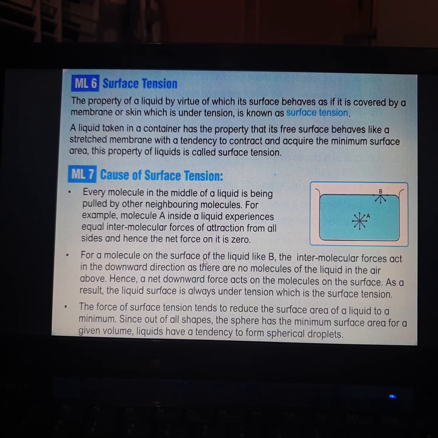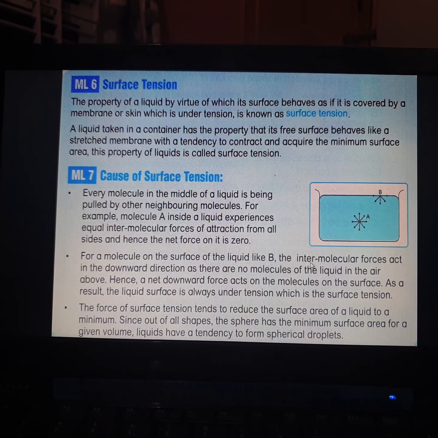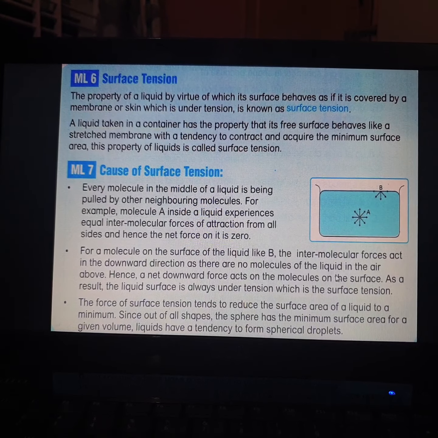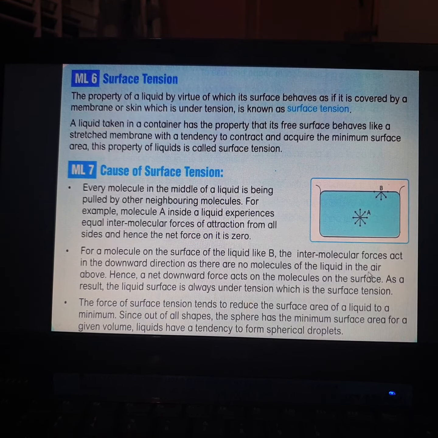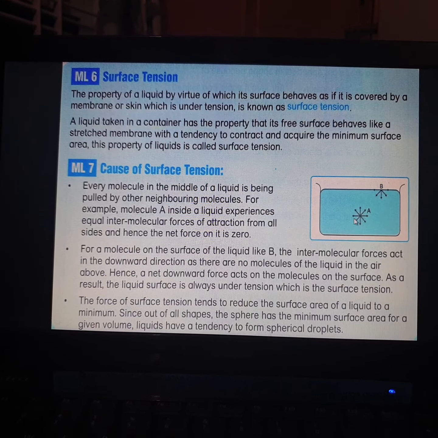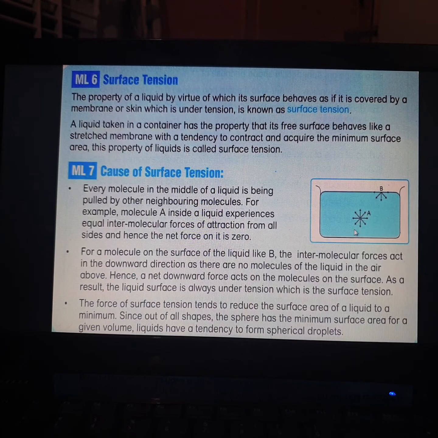For a molecule on the surface of the liquid like B, the intermolecular force acts in the downward direction as there are no molecules of the liquid in the air. You can see here this one is in the middle. That is why it is applying force in all directions.